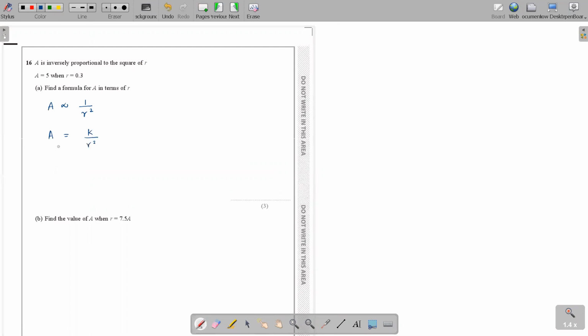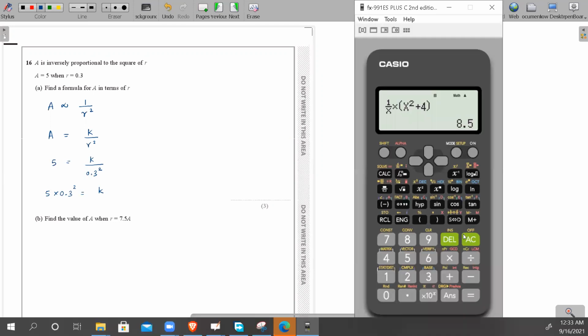The next thing you do is, they have given you the A value: A equals 5 when R equals 0.3. From this you can get the value of K. So 5 multiplied by 0.3 squared gives you K, which is 0.45.